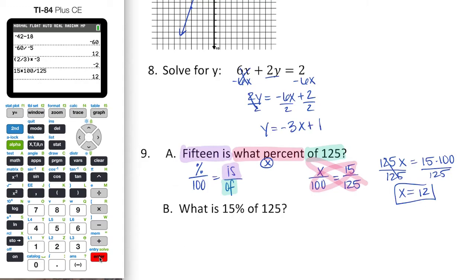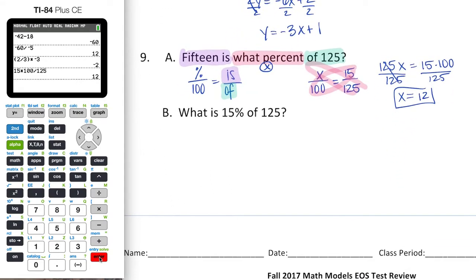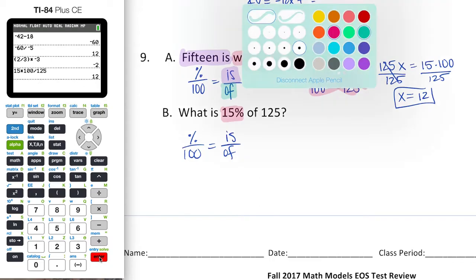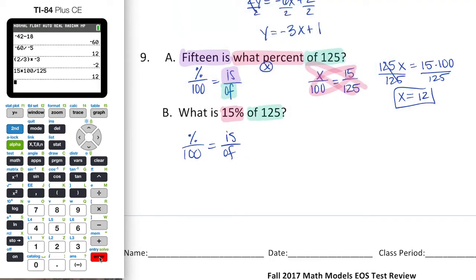All right. Now, what is 15%? So there we are with our percent. So percent over 100 equals is over of. So again, we're going to have our of 125.